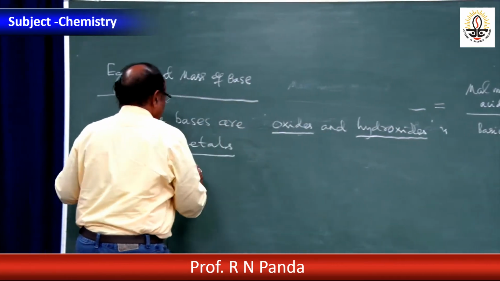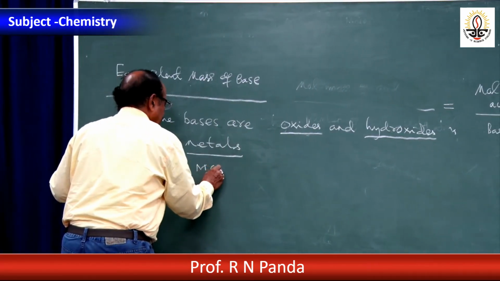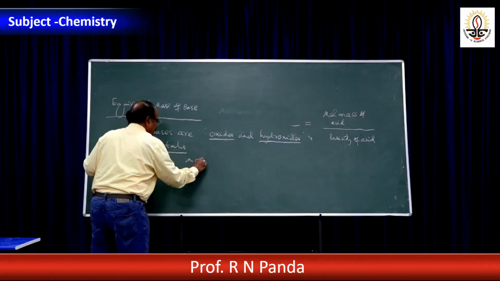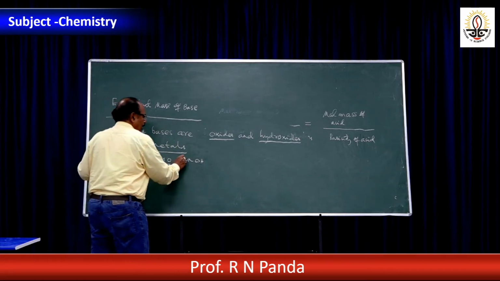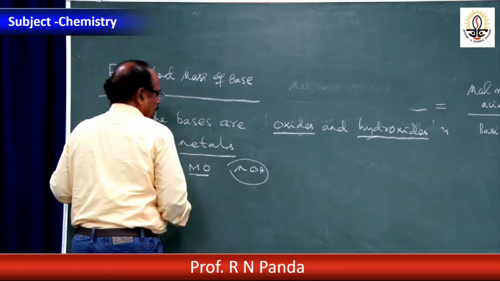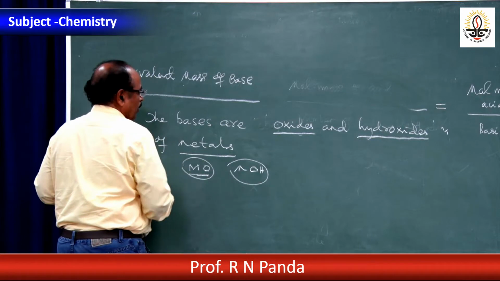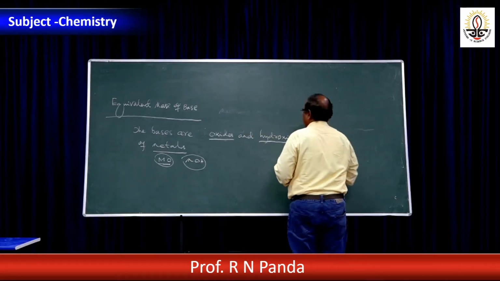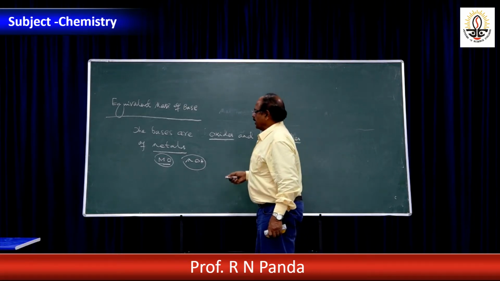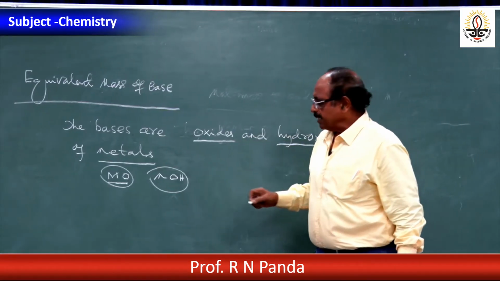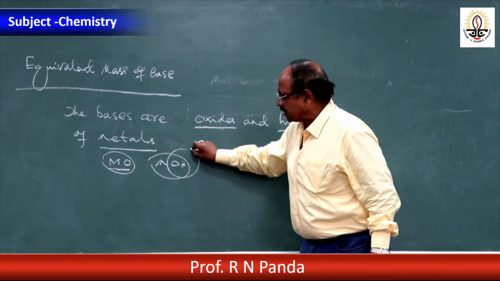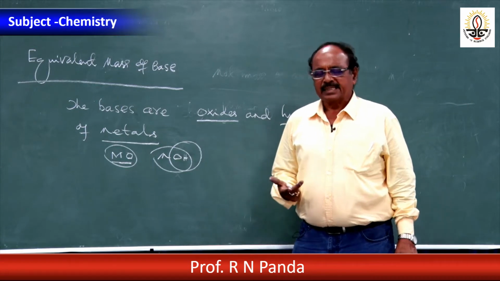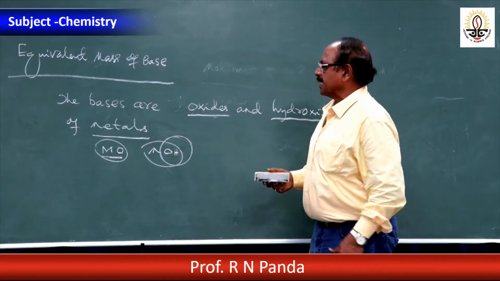If M is a metal, the metal oxide is a base, and the metal hydroxide is a base. So, the general formula will come as the metal hydroxide and metal oxide. We can say that the basic character of the base is because of the presence of the hydroxide ion. The hydroxide ion is the reason for this basic character.